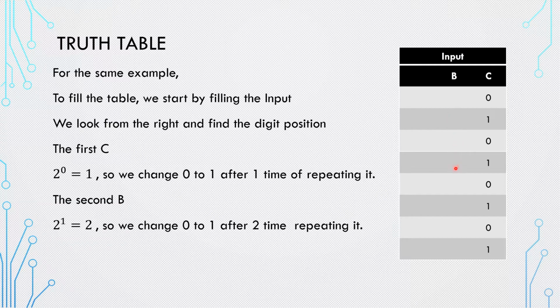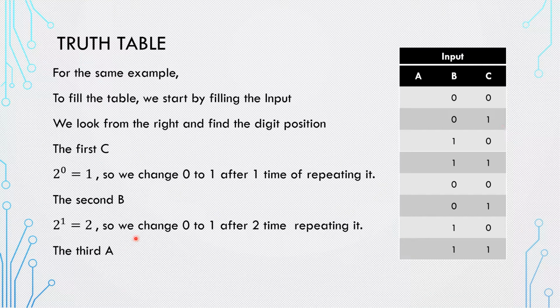I write the 1 two times, and so on, until I complete the column. So 0 0 1 1 0 0 1 1. So this is what I mean by repeating after a multiple of repetition based on the position of the input. You can define the position any way as long as you follow the right way.